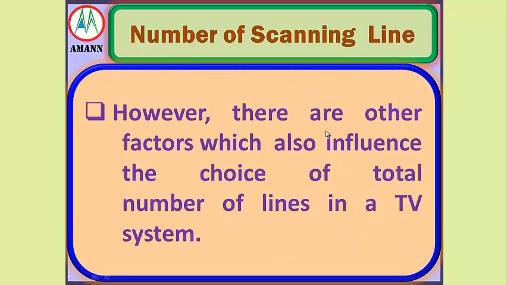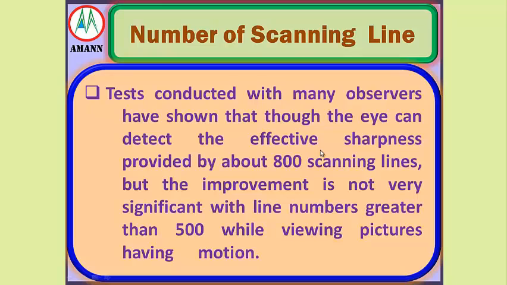However, there are other factors which also influence the choice of total number of lines in a TV system. Tests conducted with many observers have shown that though the eye can detect the effective sharpness provided by about 800 scanning lines, the improvement is not very significant with line numbers greater than 500 while viewing pictures having motion.